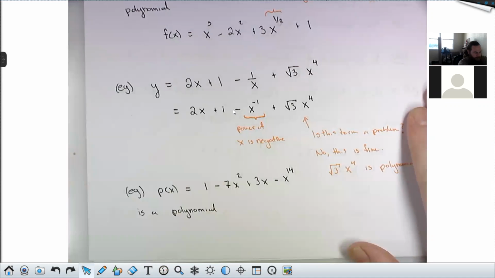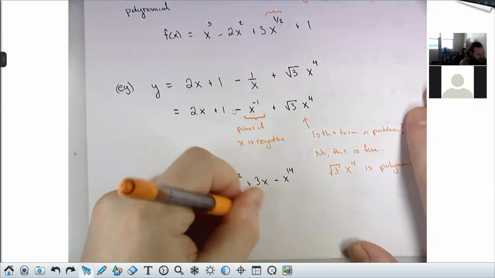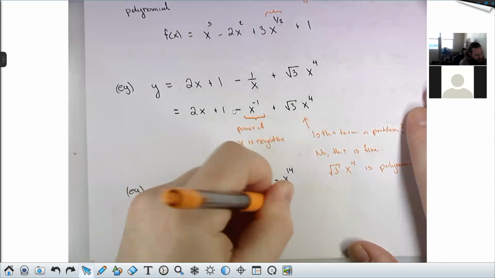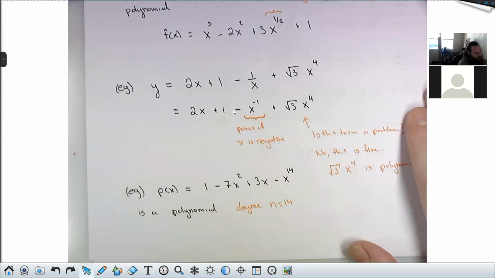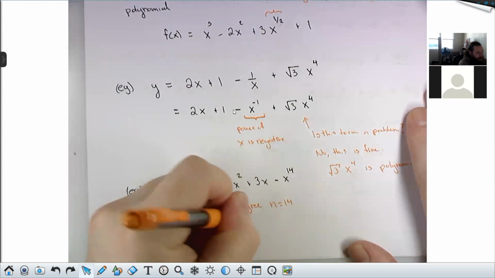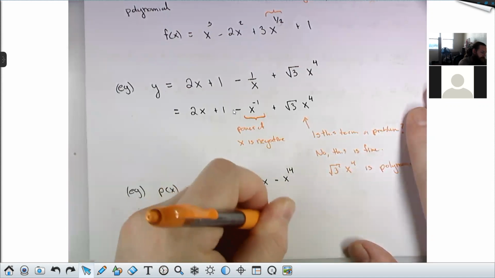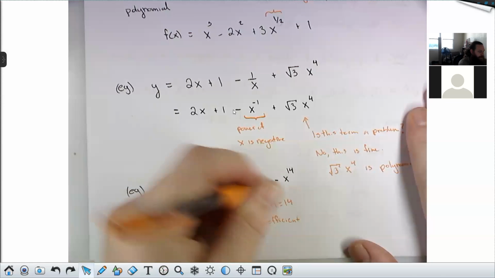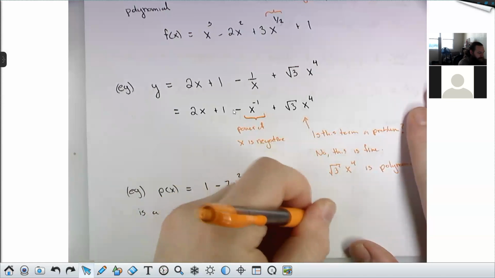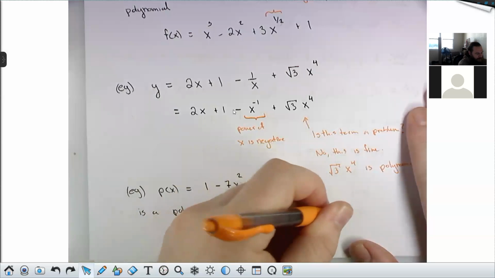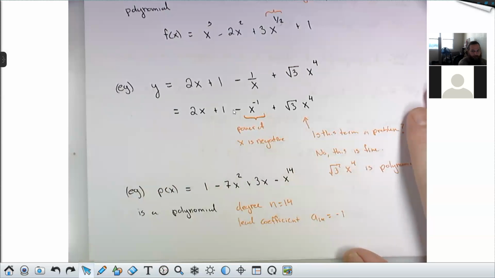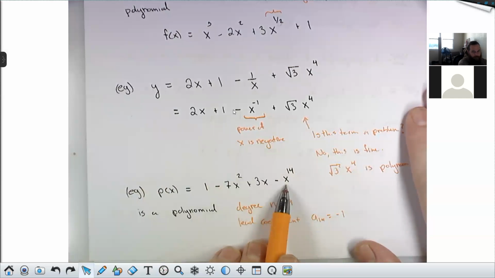Here the degree would be 14. And the lead coefficient would be -1, because that's the coefficient of the dominant term.